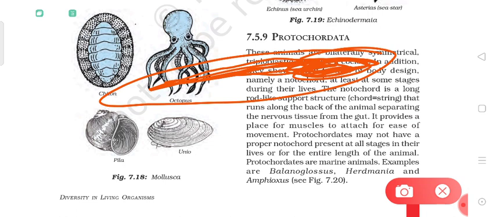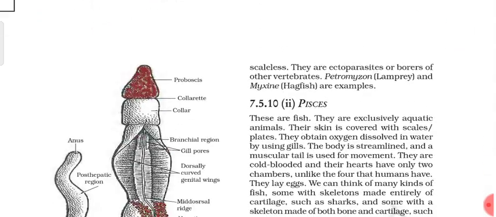It may be present only in the larval stage, or it may exist throughout life. So the animals which have only a notochord are called Protochordata.